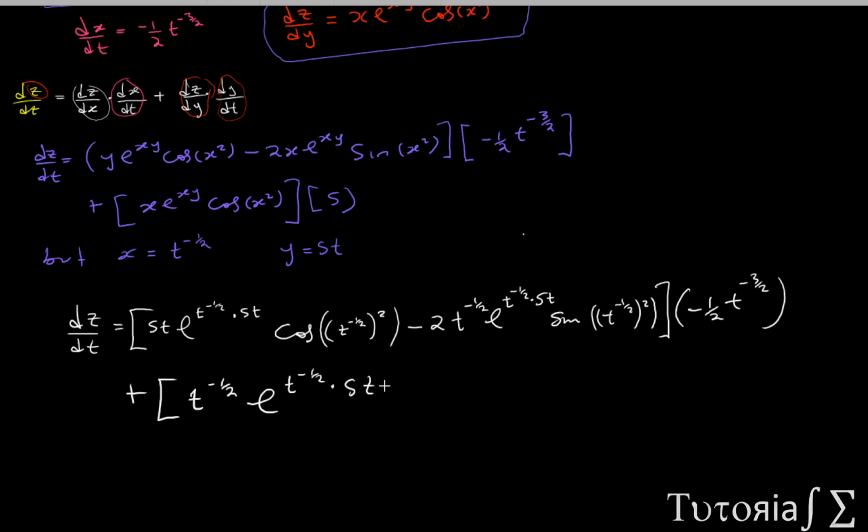Then we say cos of x squared. So x squared is t to the negative half, then squared. Then we close the brackets. Then times s, like that. And you have found your dz/dt.